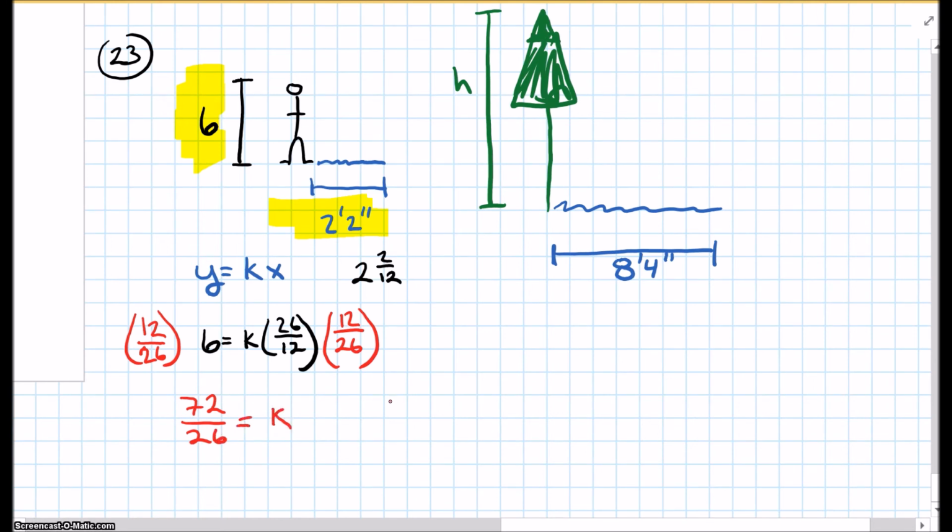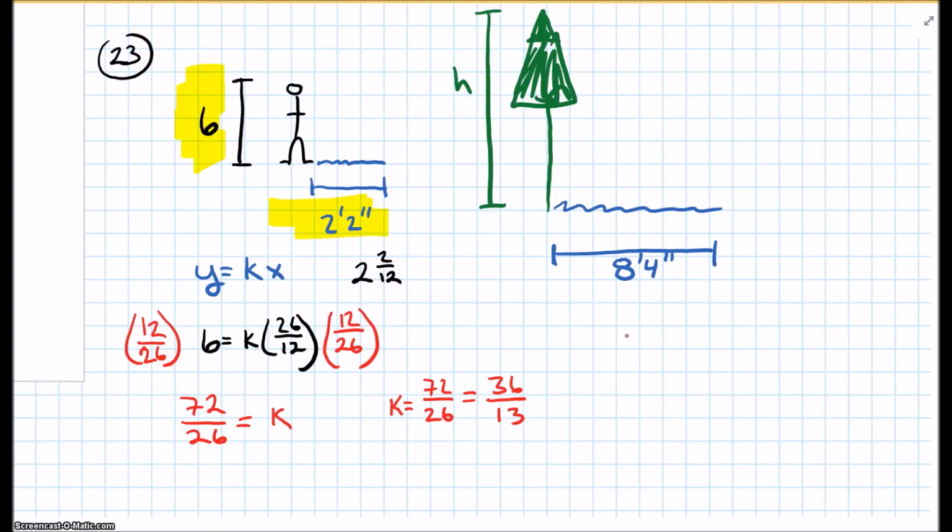Okay, so let's write it this way. K equals 72 over 26. Can we divide everything by 2? Sure can. That's going to be 36 over 13. So my constant of variation is 36 over 13. I can't simplify it anymore.